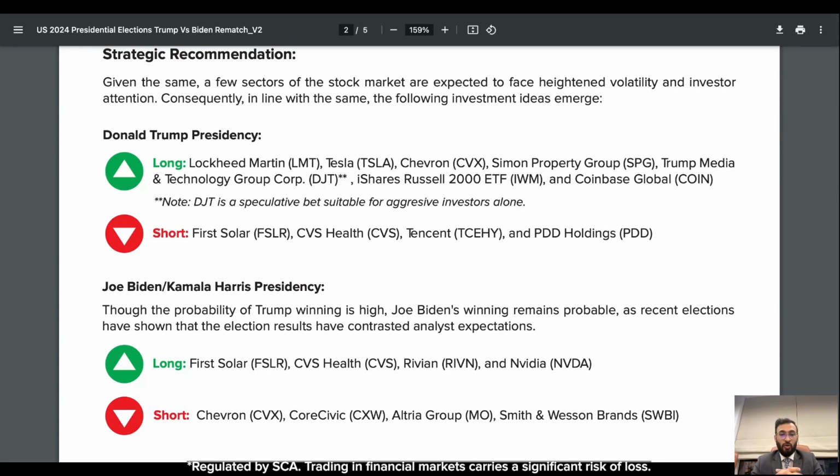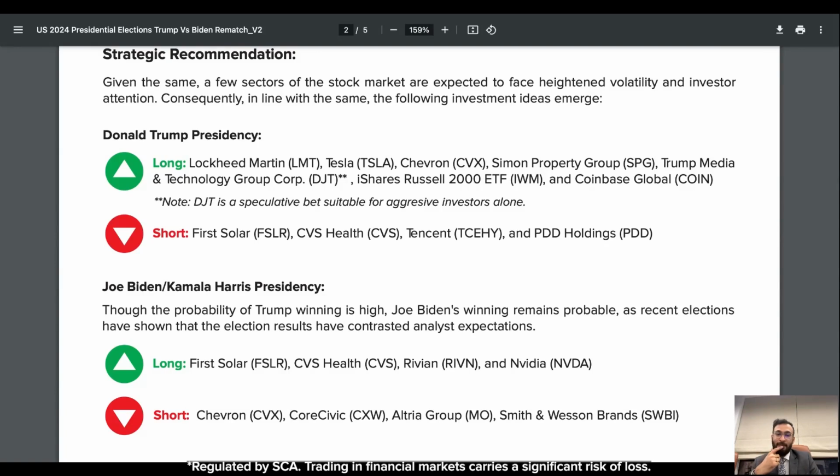Because Trump talks more about securing the borders, the arms and ammunition companies like Lockheed Martin, Tesla, surprisingly, because he is not very psyched about renewables. But then I think recently there was a tweet between Donald Trump and Elon Musk, and I think it's more of an Elon Musk factor than the EV factor about Tesla.